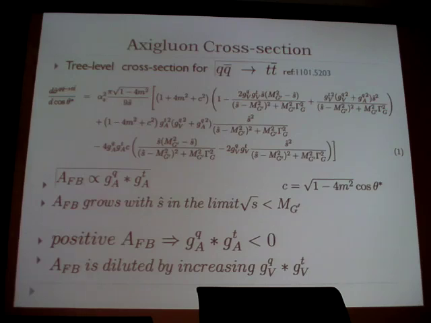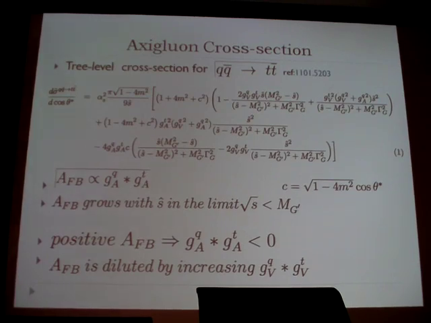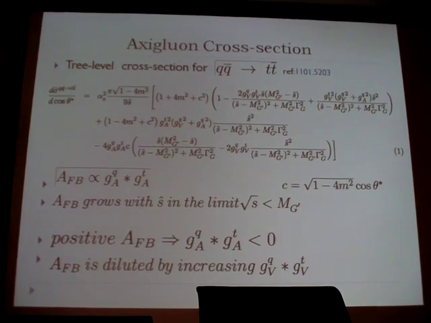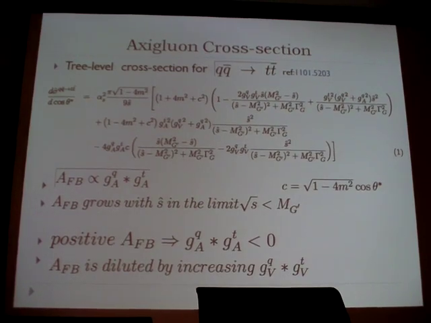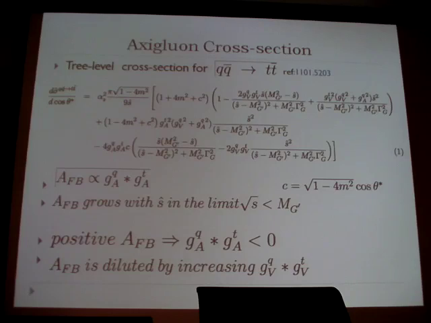Now we consider the positive event, the forward event: this should be a top quark and this should be an anti-top. Since the Axigluon only couples to left-handed top and left-handed anti-top, the spin direction is this, and this spin direction is this.